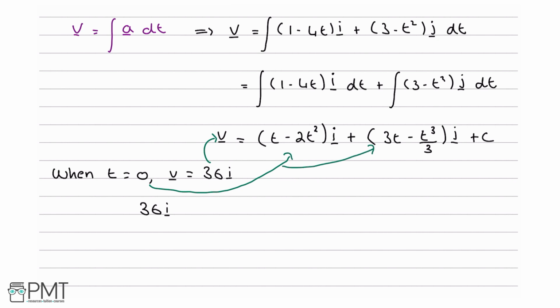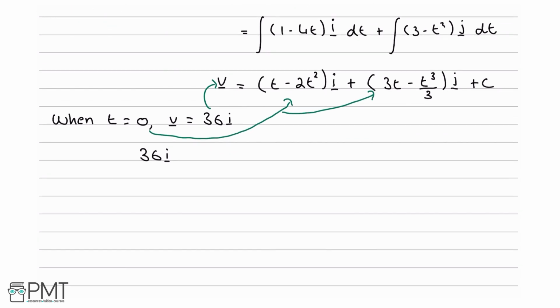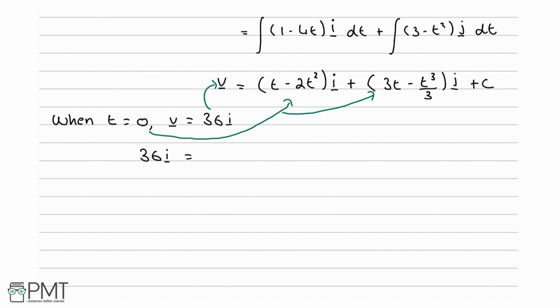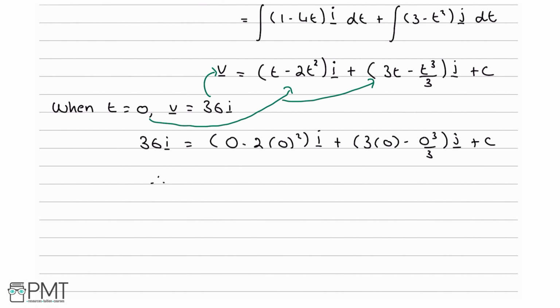So we end up with 36i equals (0 minus 2 times 0 squared) i plus (3 times 0 minus 0 cubed over 3) j plus c. What this means is c is just 36i. Therefore c equals 36i.